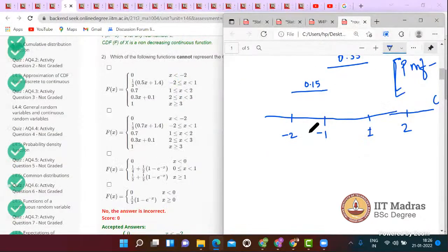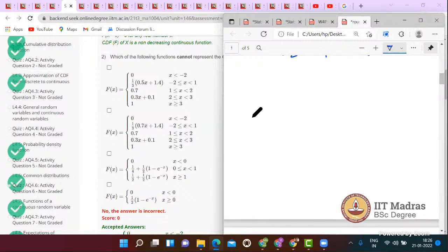Second method: to see whether the CDF is correct or not, some basic things: F of minus infinity should be 0, which is fine for every case. F of infinity should be 1, and this function should be increasing, right?